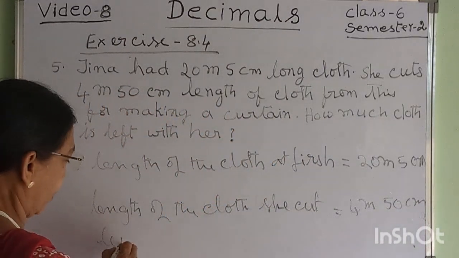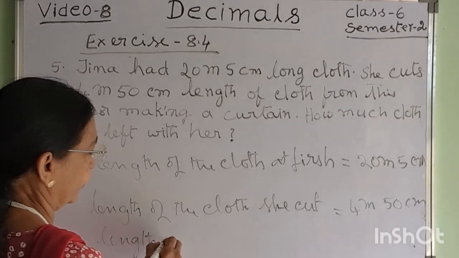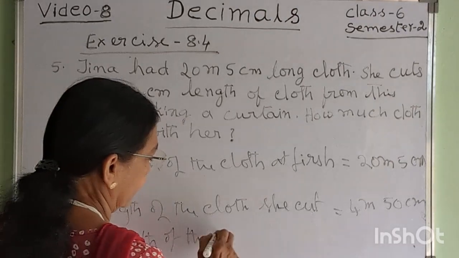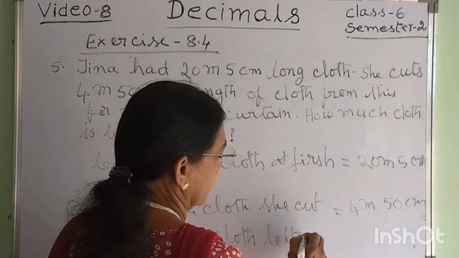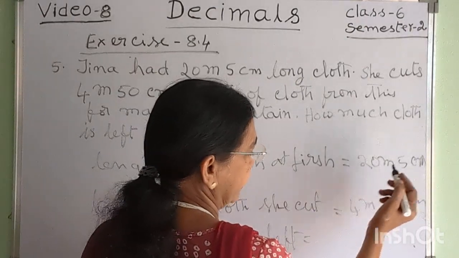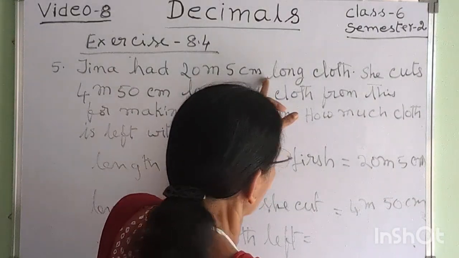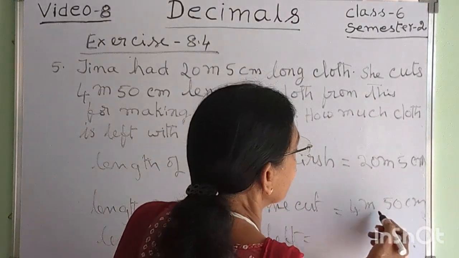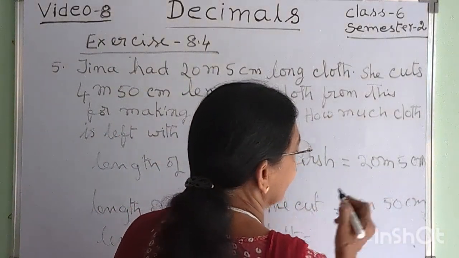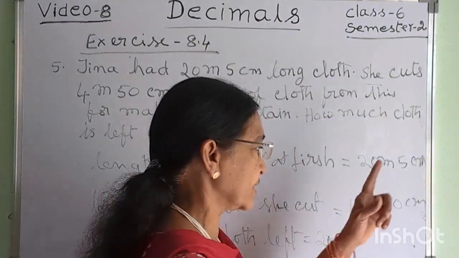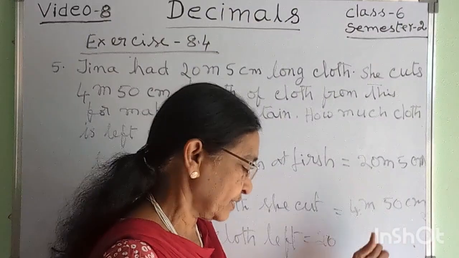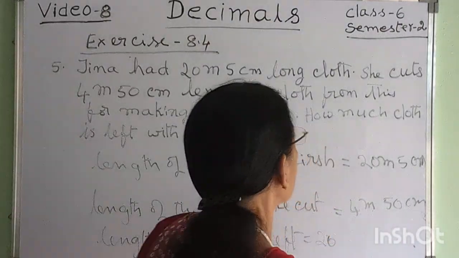The length of the cloth left is equal to 20 meters 5 centimeters minus 4 meters 50 centimeters. We will subtract here.